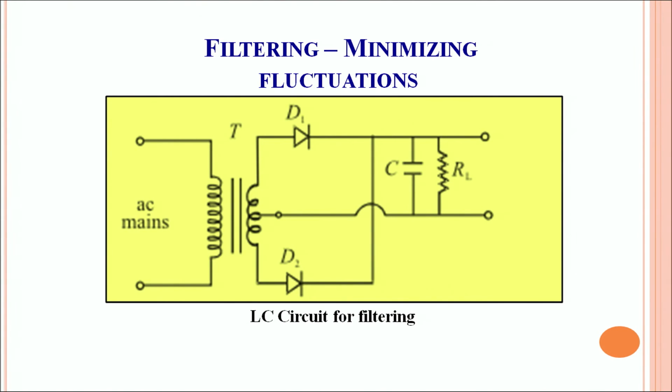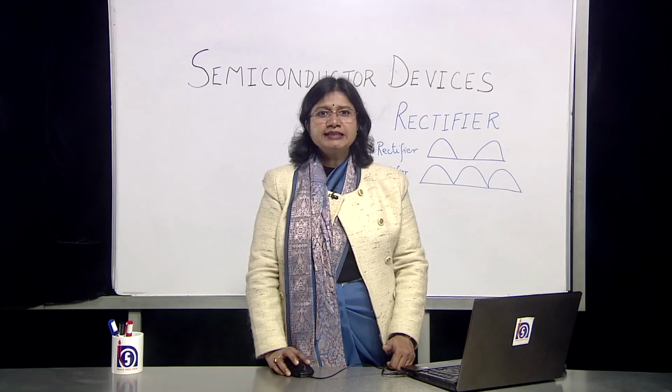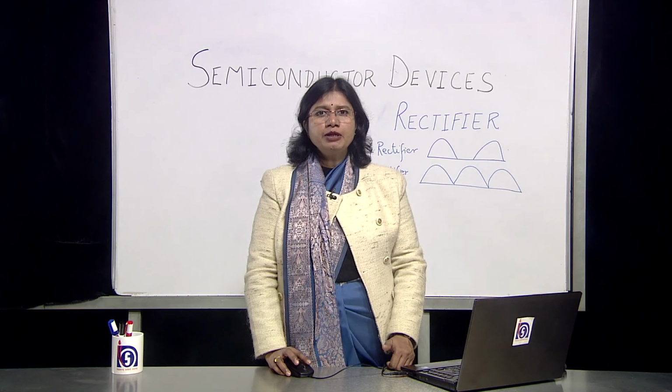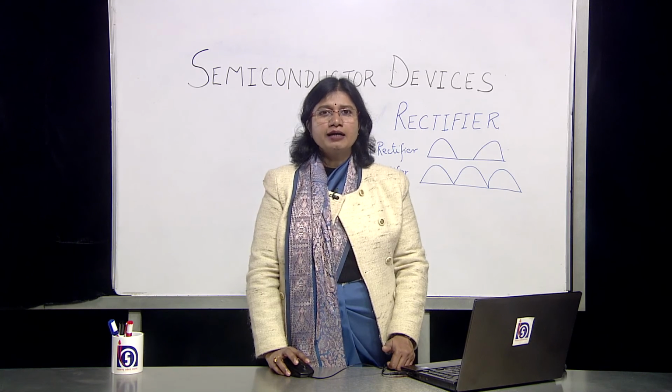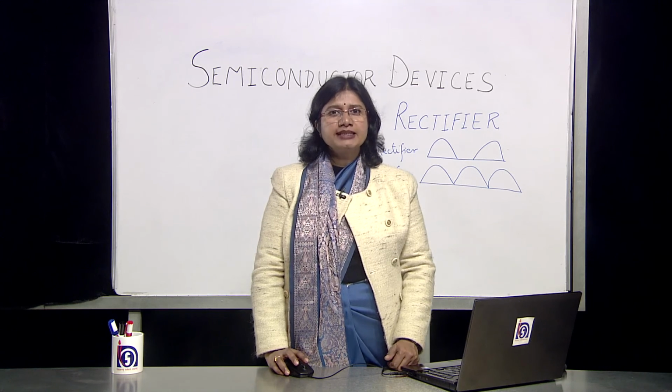This leads to a variation in the output voltage to be minimized. So, what we observe is that with the help of this LC circuit, we are able to filter our rippling effects, or else we get a more strengthened DC signal, unlike the raw signal.